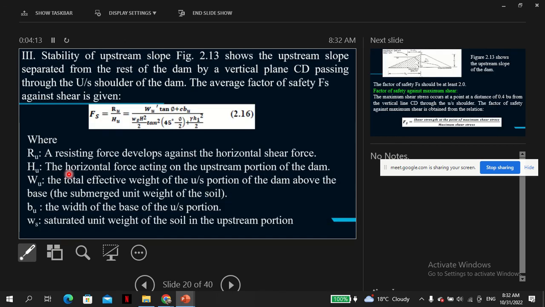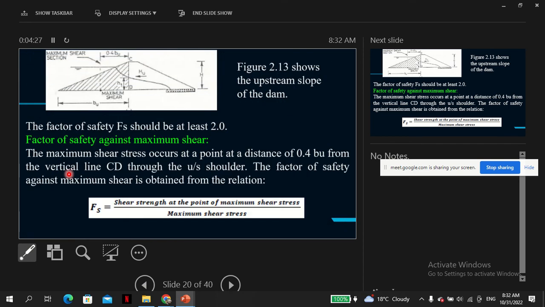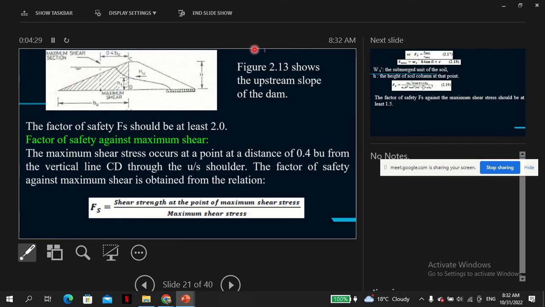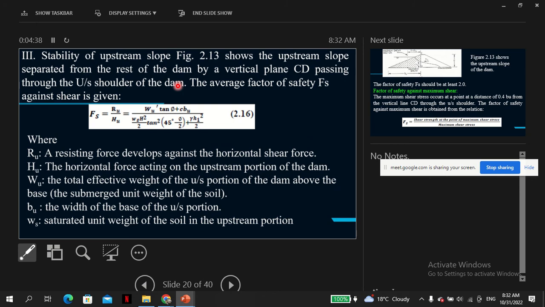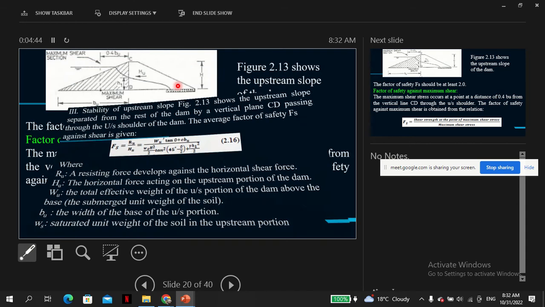Number 3, the stability of the upstream slope. So we've checked the overall stability of the dam, downslope stability. Now we're checking the upslope stability as shown in figure 2.13. So this is the figure. The upstream slope is separated from the rest of the dam by a vertical plane CD passing through.